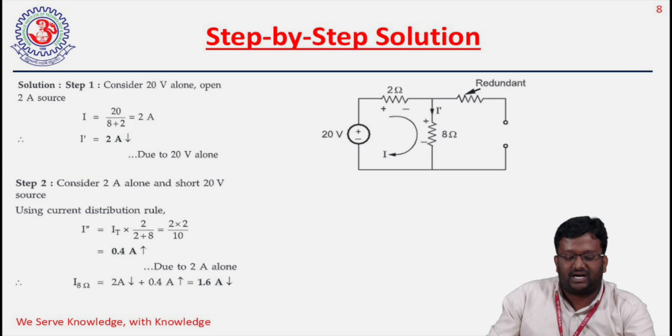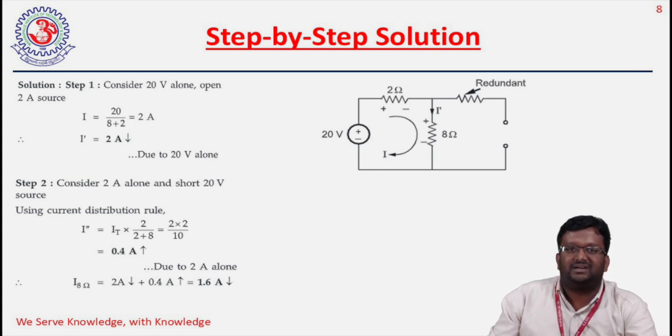That is the current flowing through the 8 ohm resistor due to the 2 amps active source. Now we have found the impact of the 20 volt source, and we have found the impact of the 2 amps source on that 8 ohm resistor.